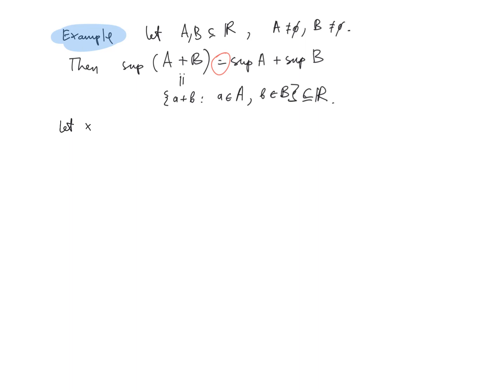So let x be an arbitrary element of the set A plus B, and by definition of A plus B we know that there exists a pair of real numbers, little a and little b, such that x is equal to a plus b.